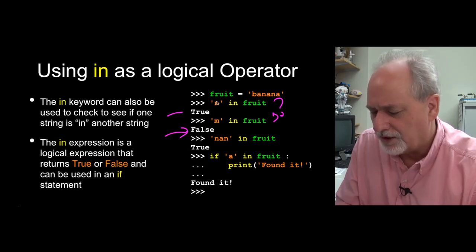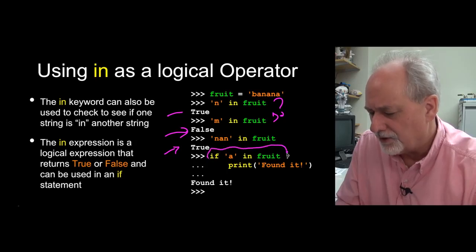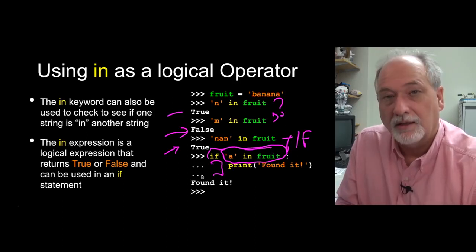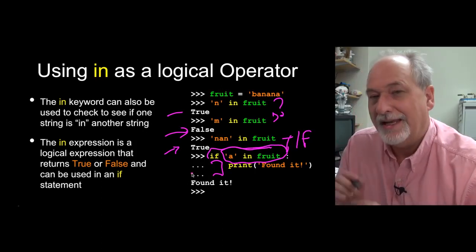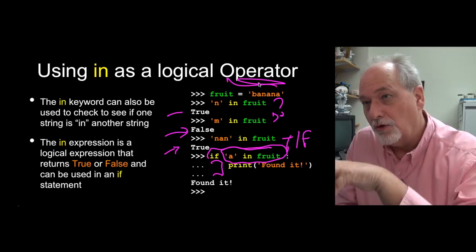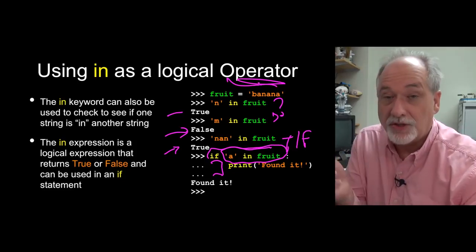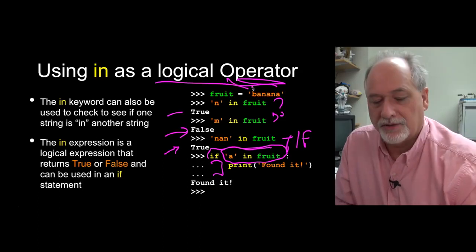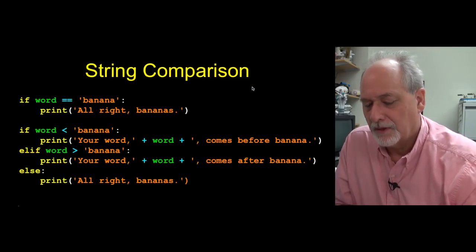It doesn't have to be a single character, it can be more than one character, and the answer is true. Then you say something like, if a in fruit, and this is the logical value that returns true or false. Yes, we found it, so it becomes true in this case and runs the indented bit. So in is an operator in this situation. In a for loop, in means something different. We'll use in for other things as logical operators coming up in a bit.